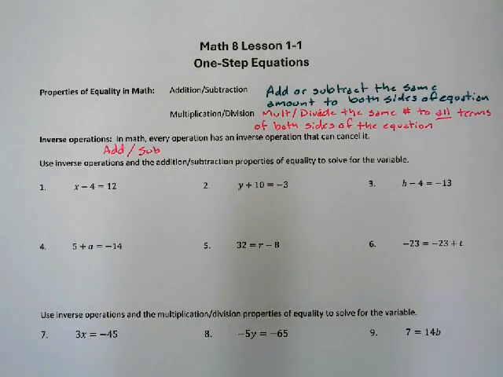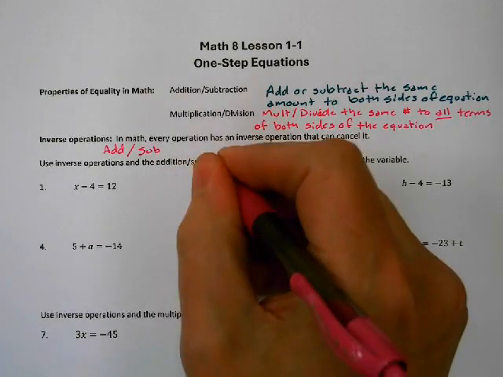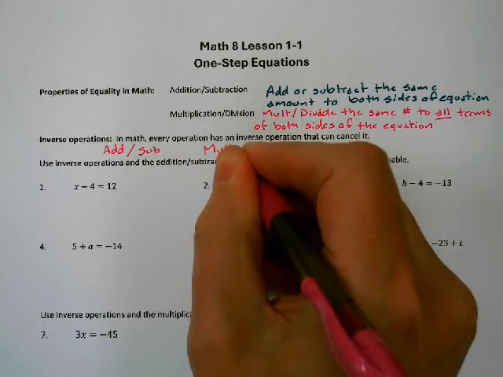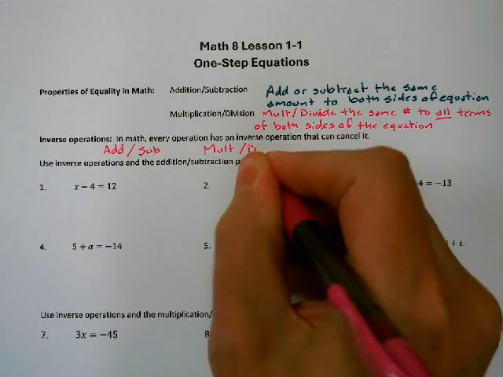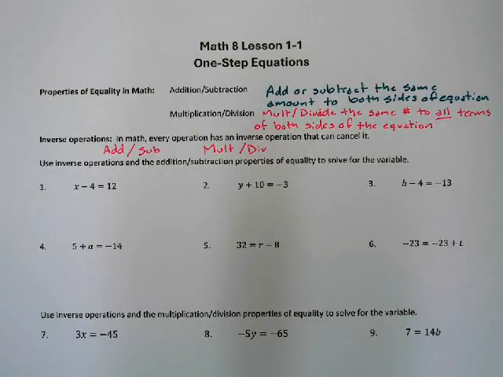So if you see addition and you want to get rid of it, you would subtract the same amount. Multiplication and division are inverses of each other. There are other inverses, but for what we're doing today, we're just going to use these. So if it's a multiplication problem and we want to undo it, we would use division. All right, so we're going to use these inverses for these operations.